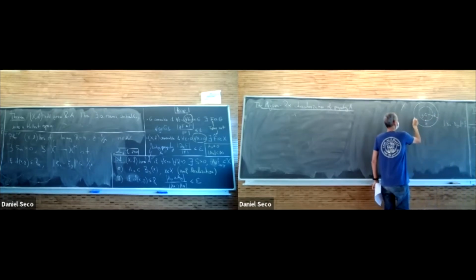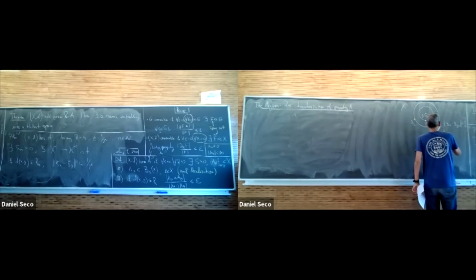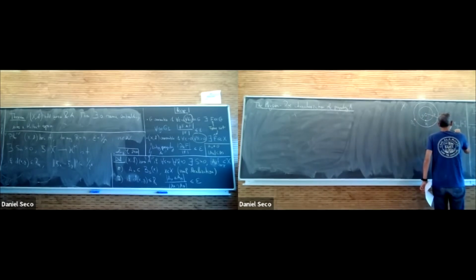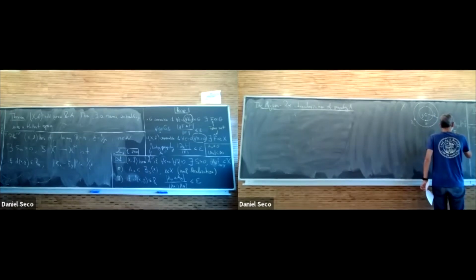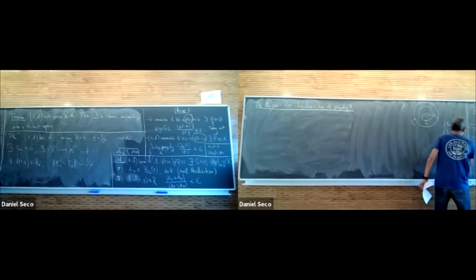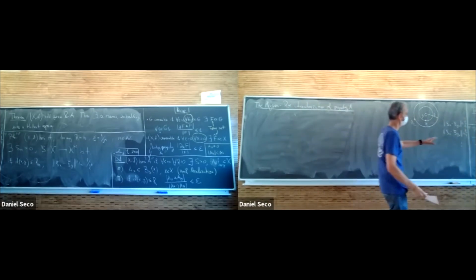But if your y2 is further away, so this is 2, then the distance between X, which is the center at which we are looking, and the psi of y2 is kind of closer. So that's the description.